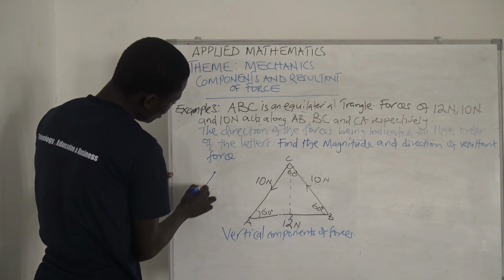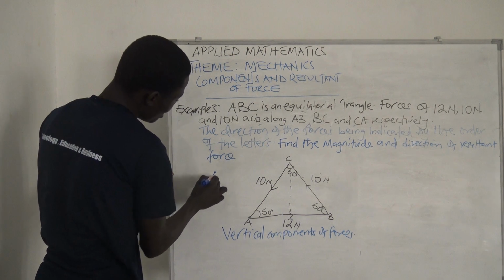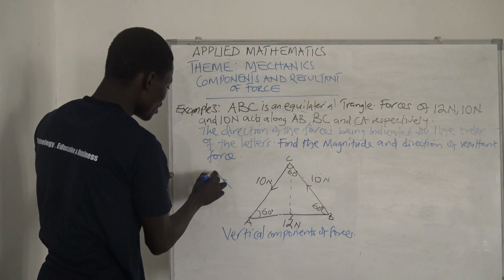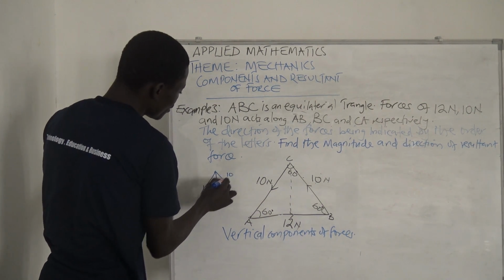This one is going downward and this one is going upward. So the vertical component will be here, which is 10.